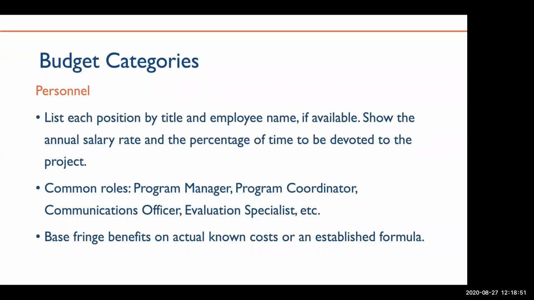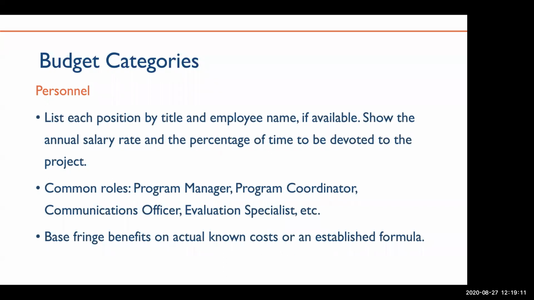In the budget template, you should utilize the annual salary rate and percentage of time that will be dedicated to the project. Some common job titles we see under personnel include program manager, program coordinator, communications officer, and evaluation specialist, just to name a few.